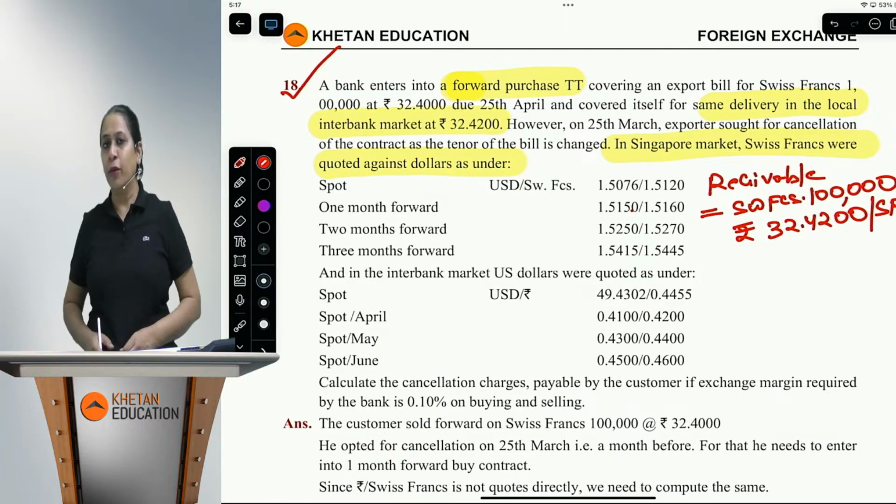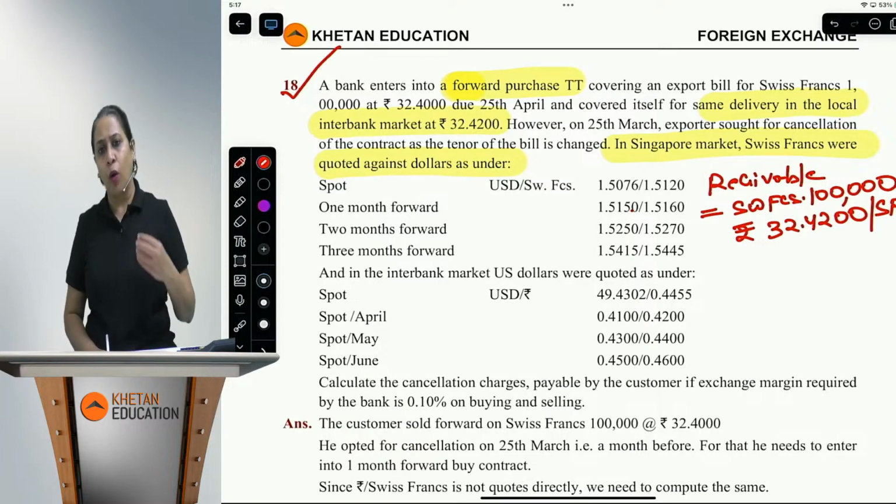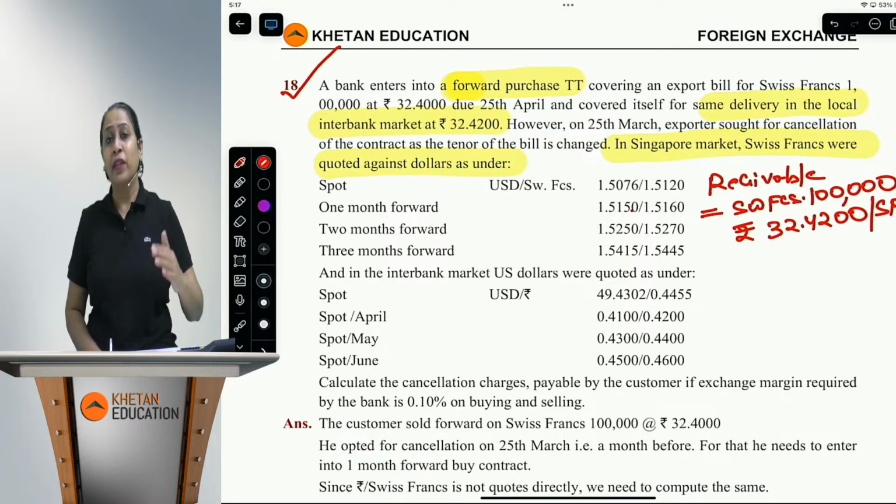No, we have to think from our point of view. All the sums of cancellation and extension are done from the customer's perspective, not from the bank's perspective. They might give you some data, and as a result you might get confused, but the answers have to be computed for the customer only, by default, no change.